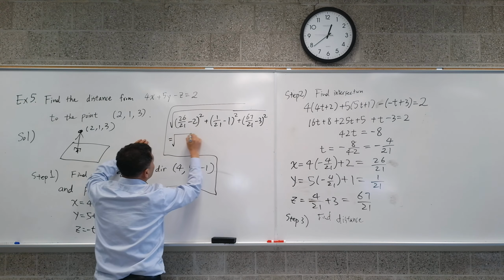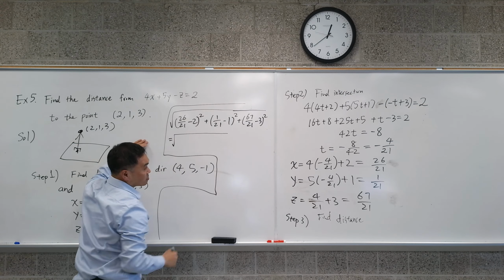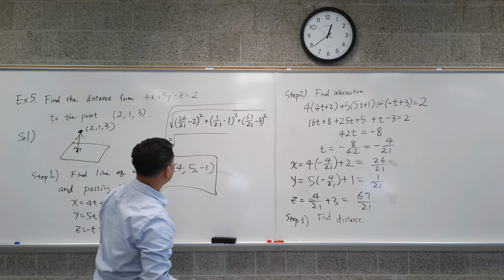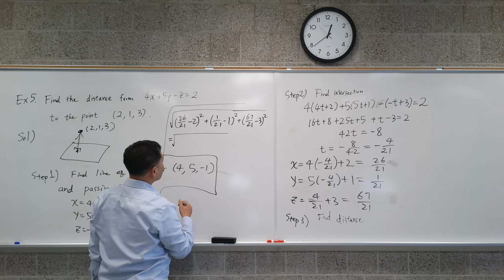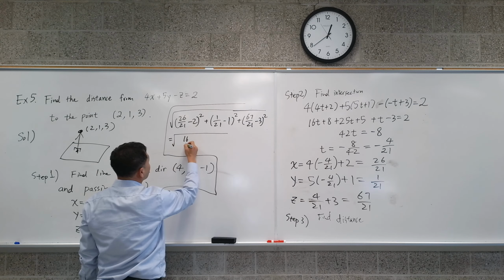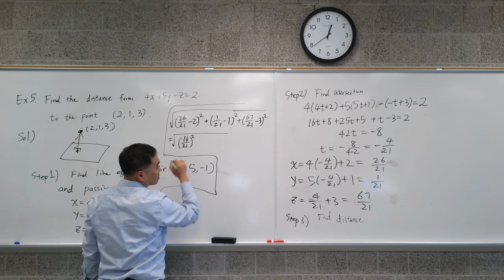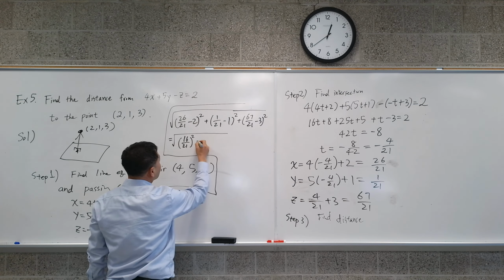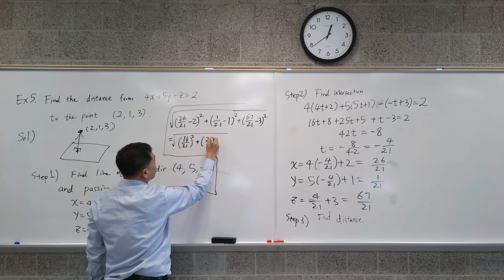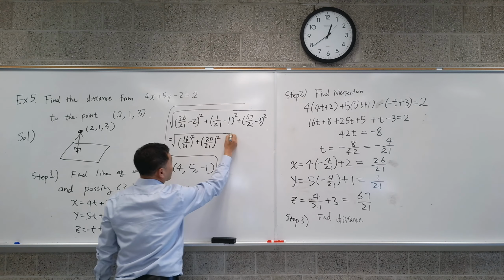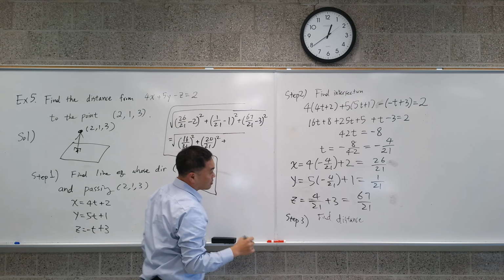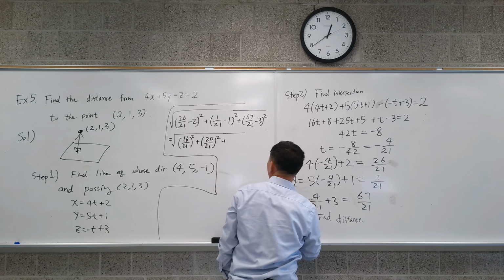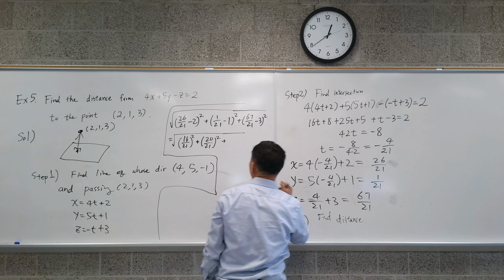And that's going to be, okay, you just get (16/21) squared plus (20/21) squared, plus 3 is gone, (4/21) squared.